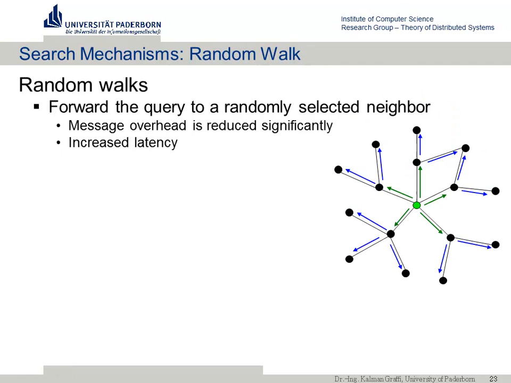Another approach is trying to eliminate this flooding idea. The main point of random walks is that you just send out your query randomly to a randomly selected neighbor. That means instead of contacting your whole neighbor set in one round, basically with one hop, you only contact one.